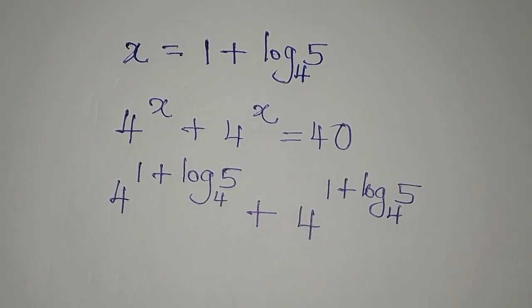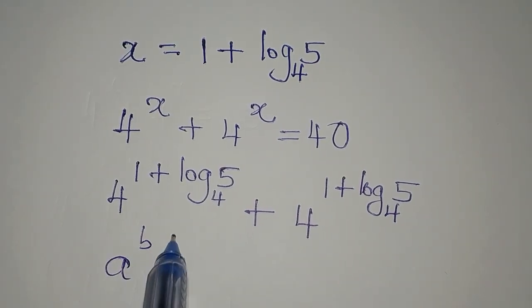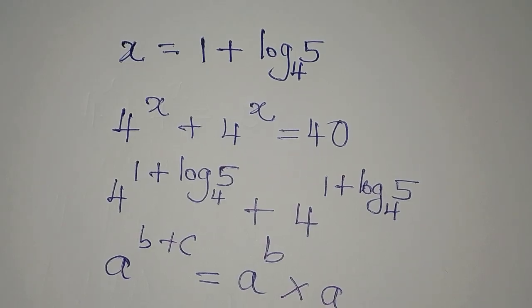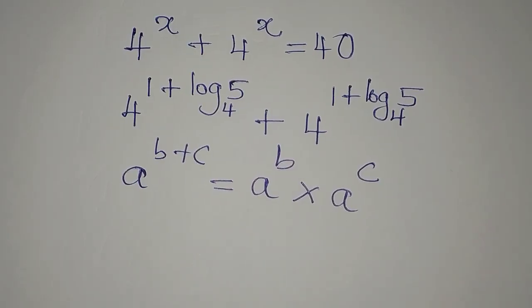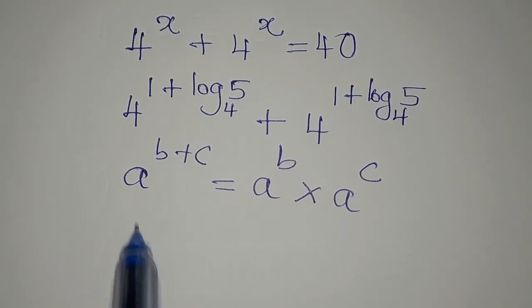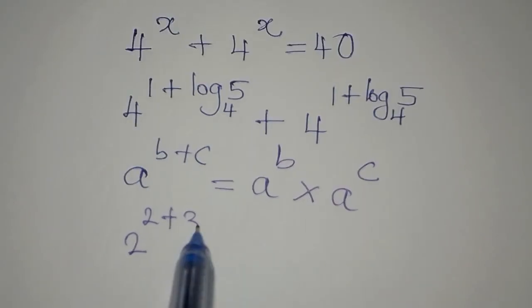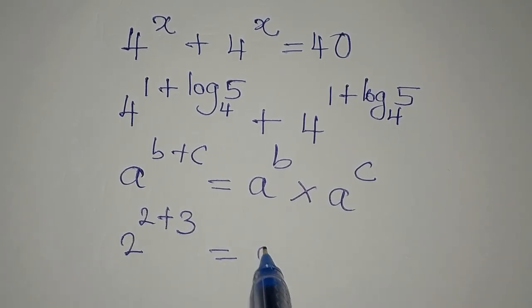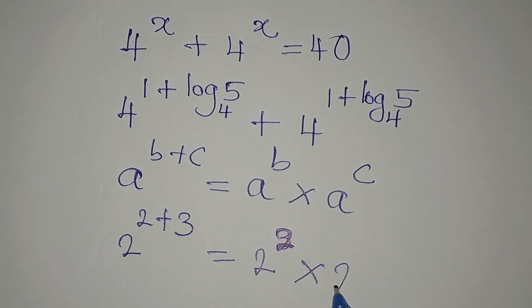Okay, so what again should we do? We're going to apply another law, and the law is that if we have a to the power of b plus c, it is the same thing as a to the power of b multiplied by a to the power of c. This is one of the laws. Let's use numbers to verify this very quickly. Imagine we have 2 to the power of 2 plus 3. That means we have 2 to the power of 2 multiplied by 2 to the power of 3.